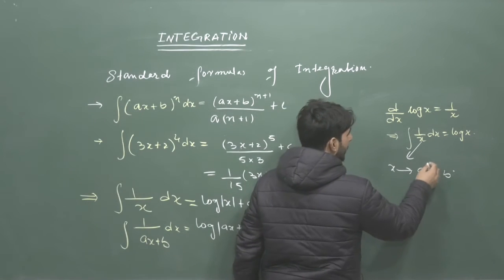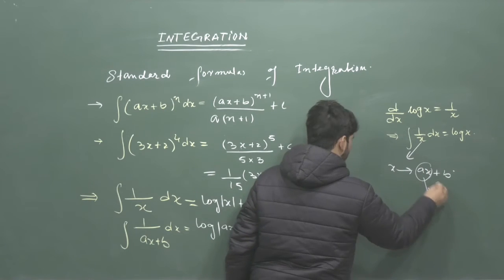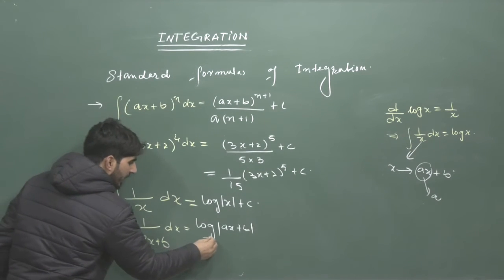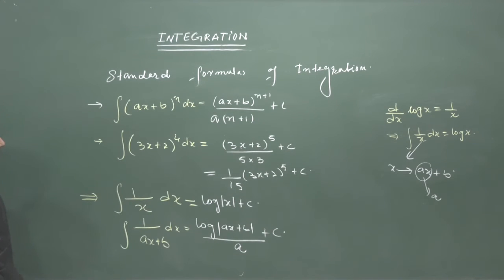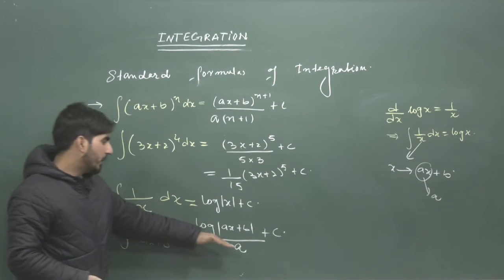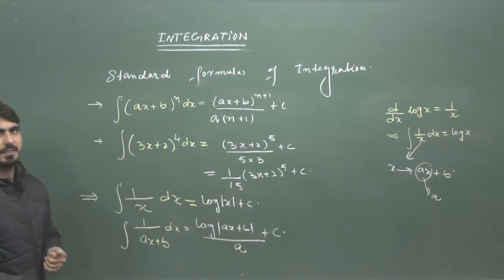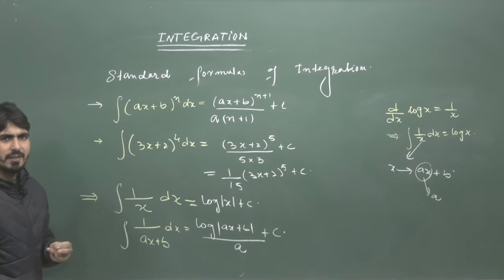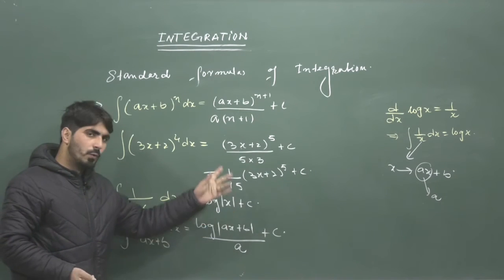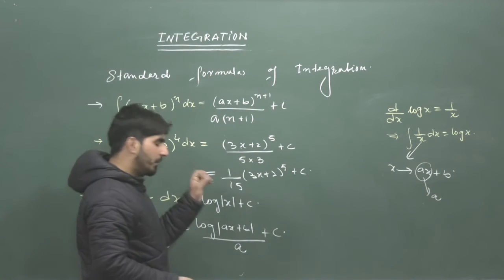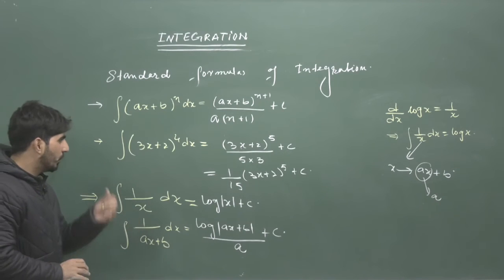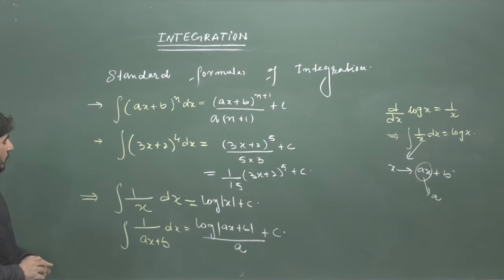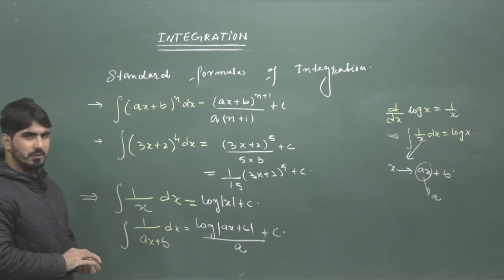And we know that internal differentiation of ax plus b is a, so divided by a plus c. Because in differentiation, the internal differentiation is multiplied by the function. Now, because this is the reverse process, that is why we divide the function by its internal differentiation. So this is formula number 3.